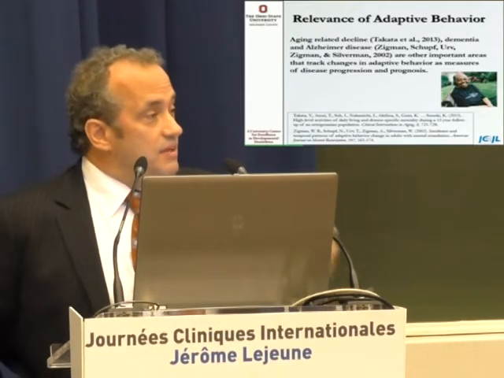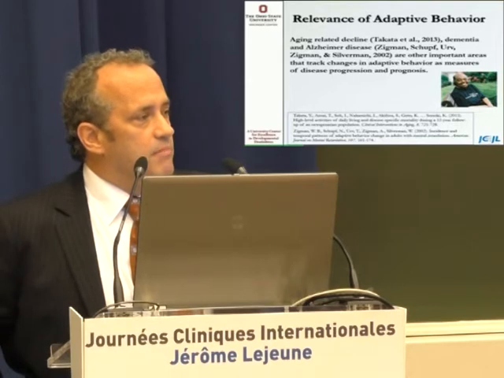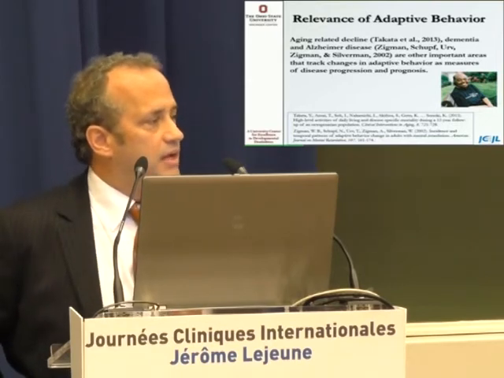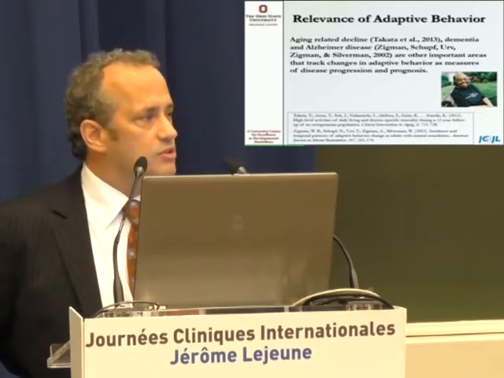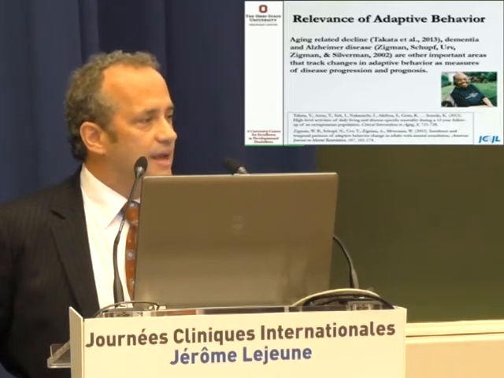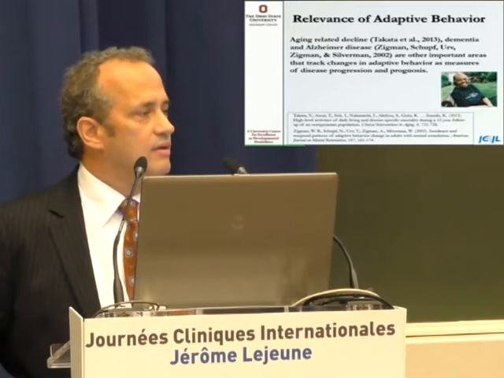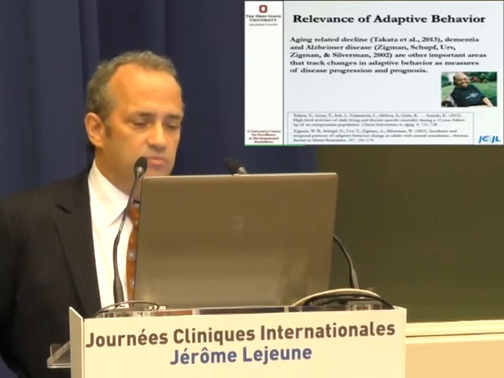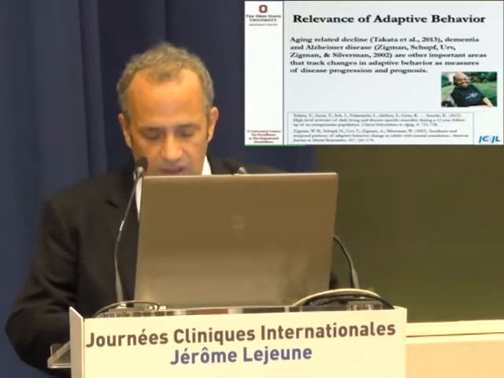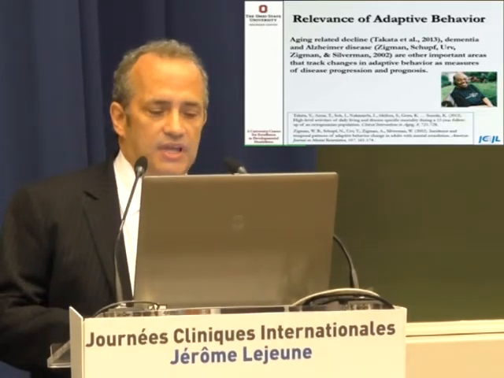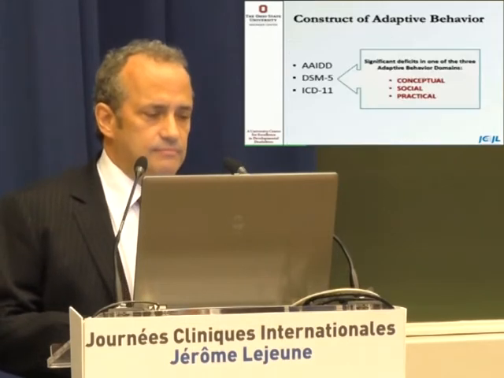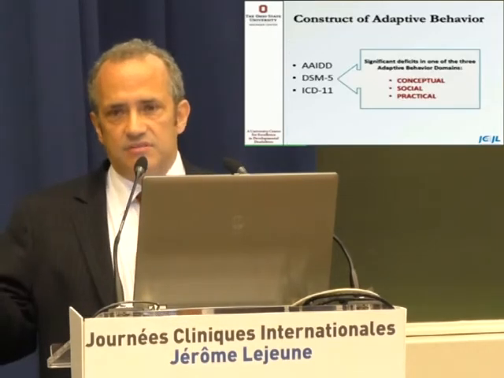Adaptive behavior is also often an outcome measure that we use in aging and age-related decline. Alzheimer's, as we heard Drs. Lott and Silverman talk about, adaptive behavior is often what we track. Changes in adaptive behavior or activities of daily living are very important in our assessment, our research, and understanding of these conditions.